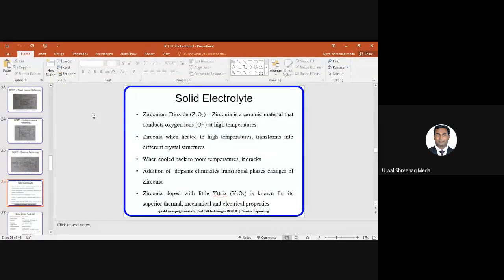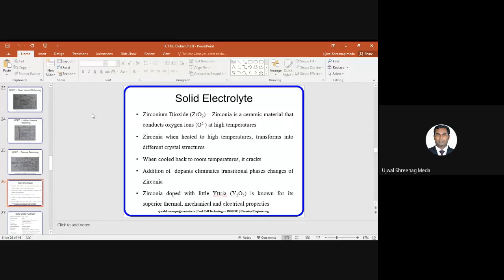But when it comes to a solid ceramic material, the ionic conduction is not that simple when compared to a liquid electrolyte. However, in materials such as zirconia or zirconium dioxide, especially when it is maintained at a temperature above 800 degrees centigrade, it conducts oxygen ions.